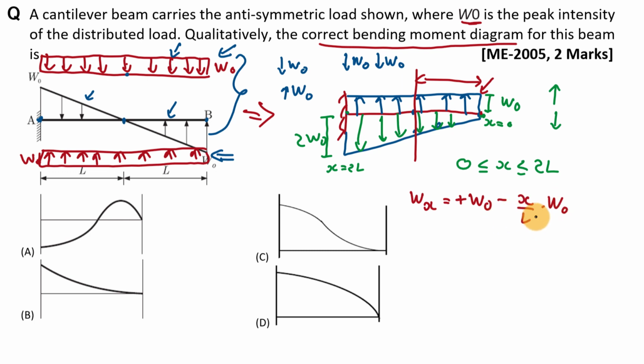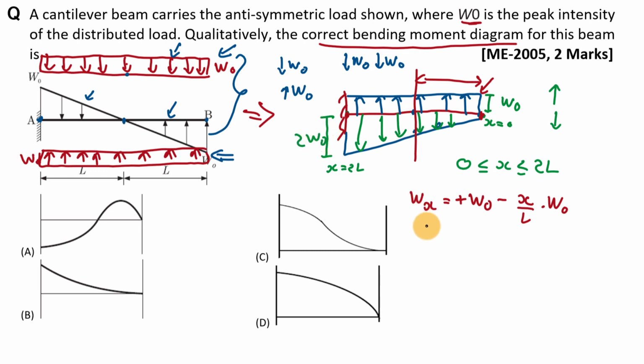This term is the value of Wx for the uniformly varying load, and it is in the downward direction, so here we have taken the negative sign. If you put x equal to 0, the value of this uniformly varying load is 0, and if you put x equal to 2L, you will get the load at this point, that is 2W0.